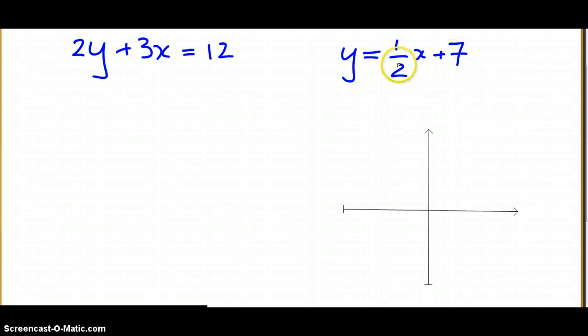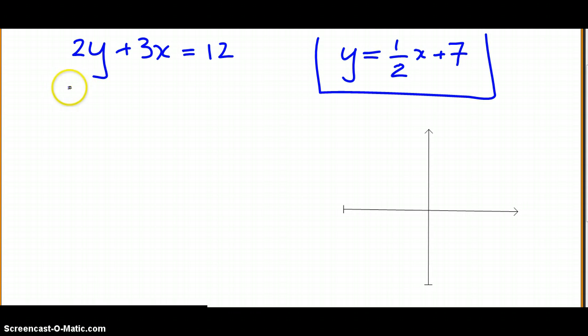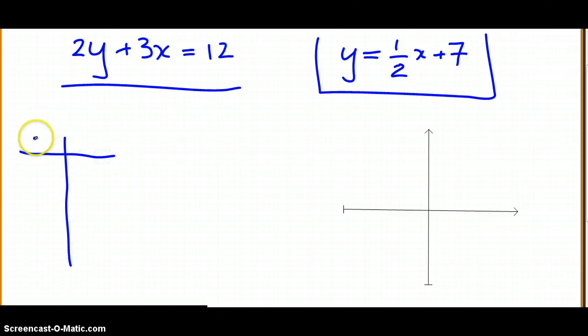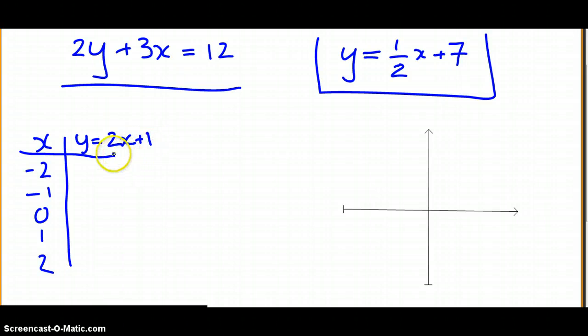Okay, and I'm hoping at this point in time that you are all very familiar with how to draw an equation written in that format. I want to just remind you that when we started this topic, we looked at different values of x: -2, -1, 0, +1, +2, and then I gave you an equation for y, and maybe it was 2x plus 1, and then we would substitute in the values into the x and work out what the corresponding y would be.